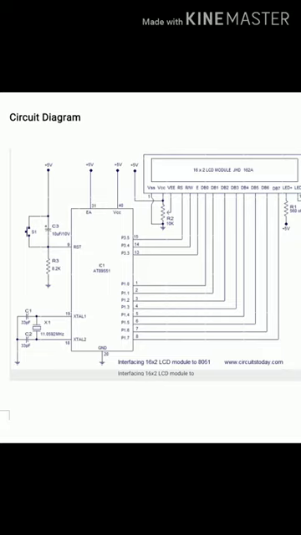Therefore, the data which is received at DB0 to DB7 from port 1 will get stored in the data register, and once it is stored in the data register, it gets displayed on the display unit. Isn't it? So simple it is. See here, 8 pins from port 1 connected to 8 data lines of the LCD, and 3 pins P3.5, P3.4 and P3.3 are connected to the control lines of the LCD.